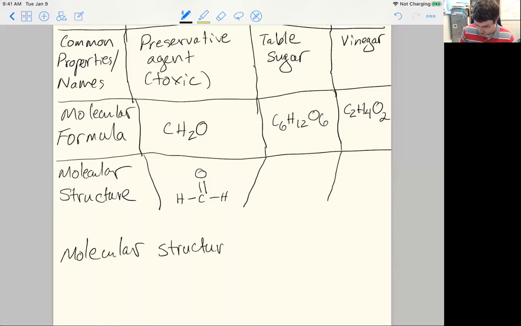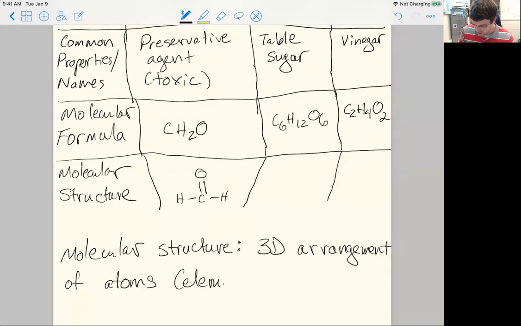A molecular structure is the 3-dimensional arrangement of atoms. And remember, when I say atoms, we could think about that being synonymous with elements on our periodic table. So our atoms, or singular elements, comprise the molecule. So the 3D arrangement of these atoms in a molecule.